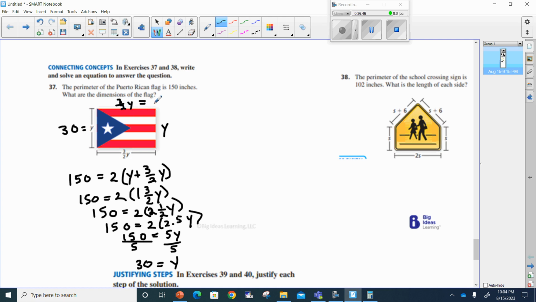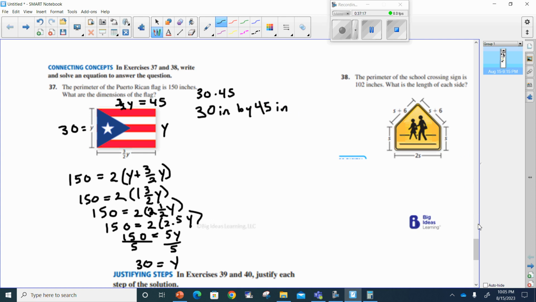Yep, 3 over 2 times 30 would be 45. So the dimensions should be 30 by 45. And let's not forget our unit of measure, inches here. So it'd be 30 inches by 45 inches.